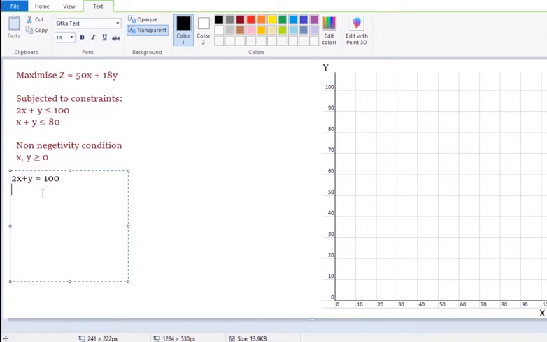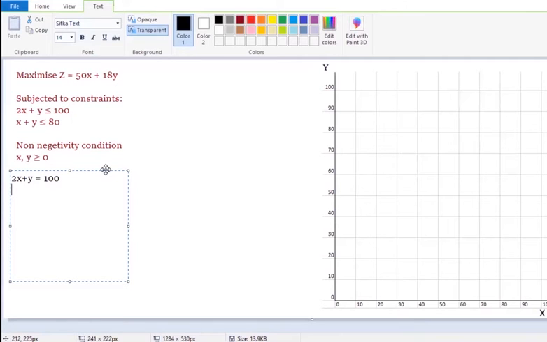In order to draw the line, I need to find 2 points on the line. I will find the y-intercept and x-intercept. The y-intercept means the point on the line which touches the y-axis.